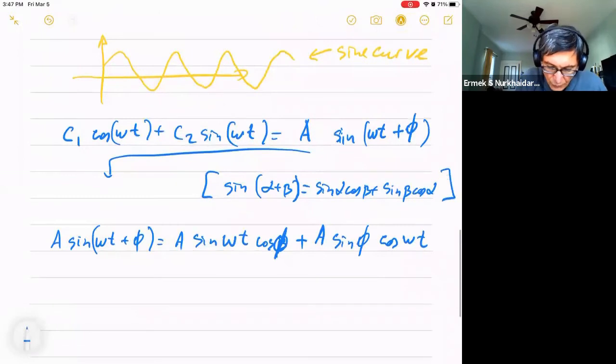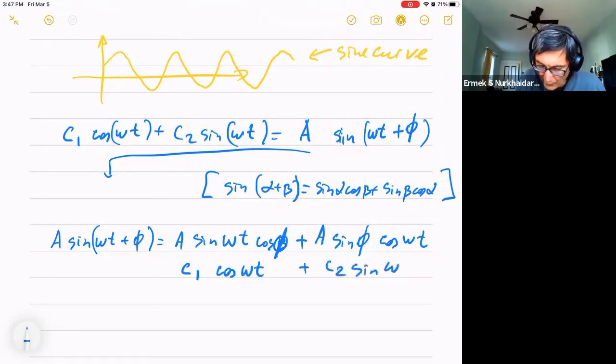Why am I using beta? phi. And that should be equal to C1 cosine of omega t plus C2 sine of omega t.